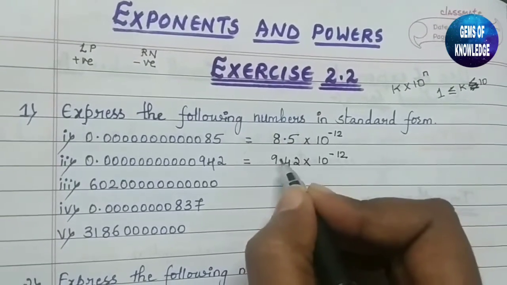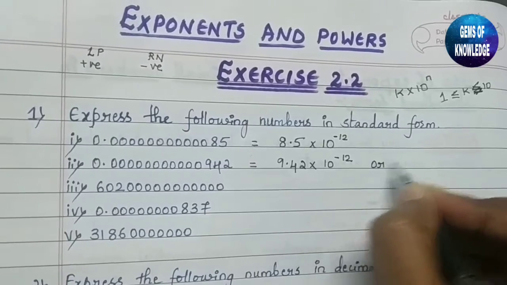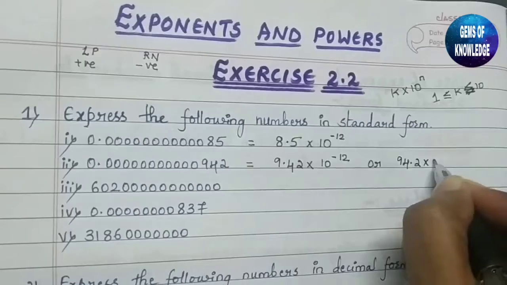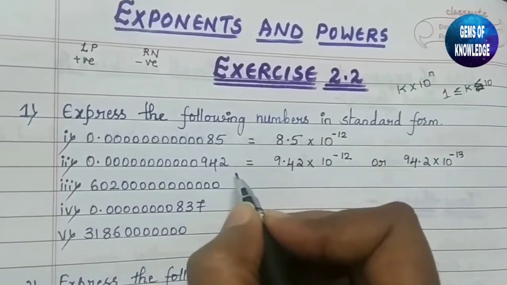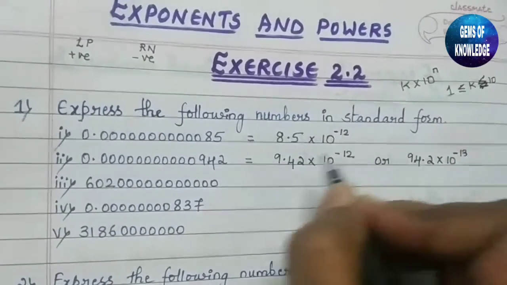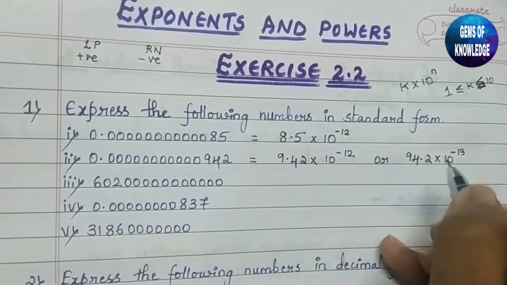Or we can even write 94.2, then the power will become 10 to the power of minus 13, because we have moved one more place. So both are correct answers. You can write whichever you need, but the power must be correct.